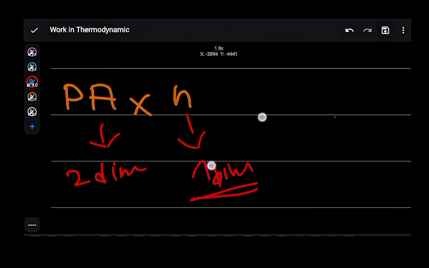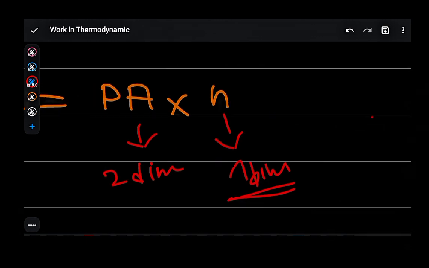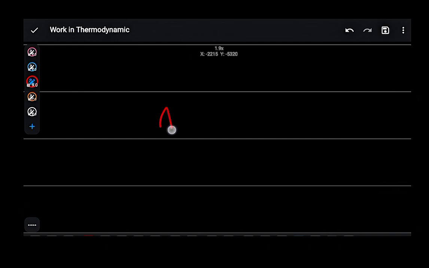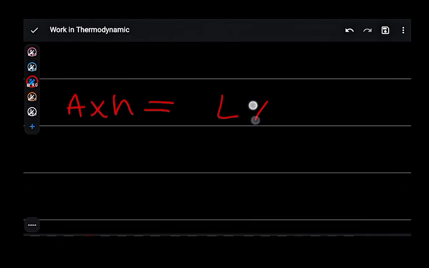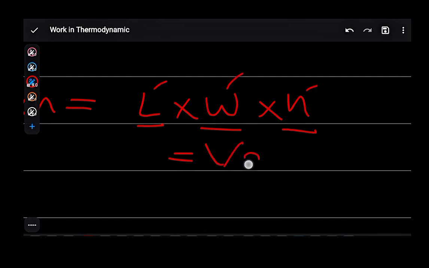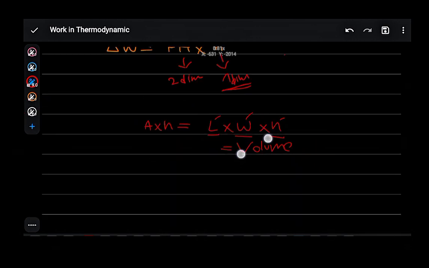When you multiply area by height, A multiplied by H is equal to length multiplied by width multiplied by height, which together is called volume. So can we write volume instead of A and H?